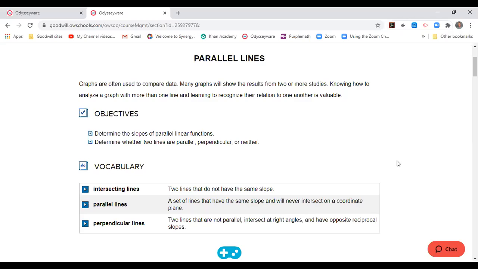Perpendicular lines cross at right angles. They create 90-degree angles. And right here in the definition is a key phrase: they have opposite reciprocal slopes. And it sounds complicated, but it's really not.